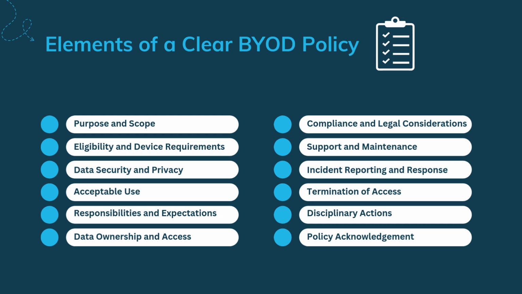Now that we have established the need for a policy when companies allow and often encourage employees to use personal devices, we need to understand the elements that make up a clear BYOD policy.